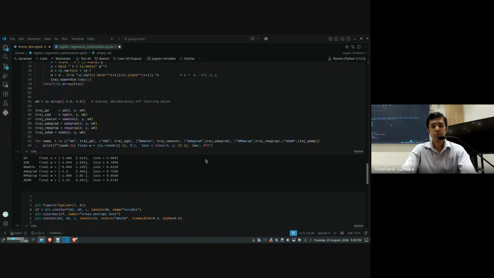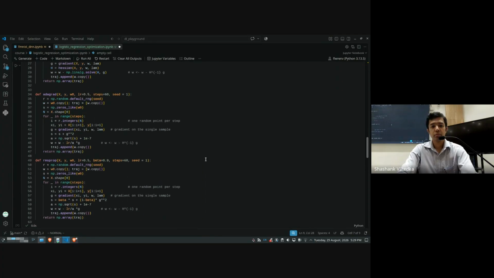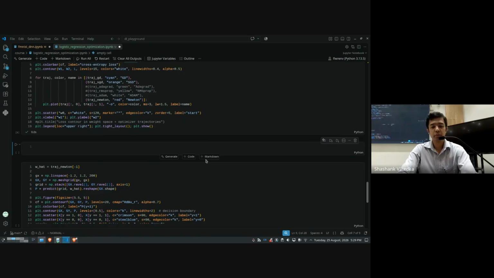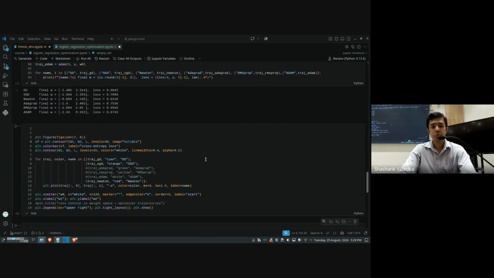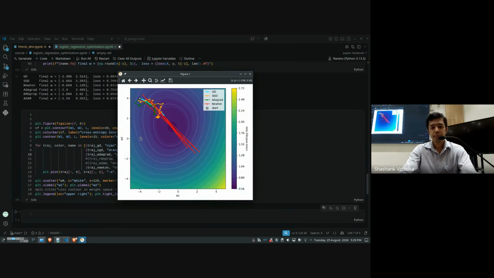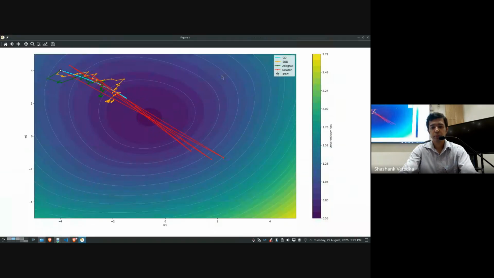So let's go back to our experiment over here, and let's also plot the trajectory of the Adagrad algorithm. It's not entirely clear over here, but you can see that this orange trajectory corresponds to SGD, whereas the green trajectory corresponds to the Adagrad algorithm.